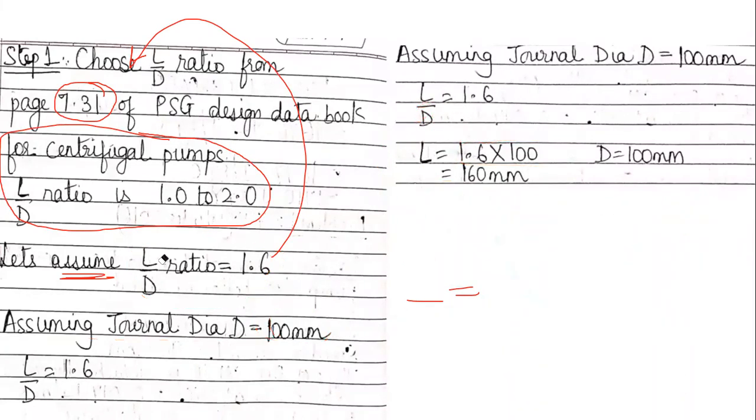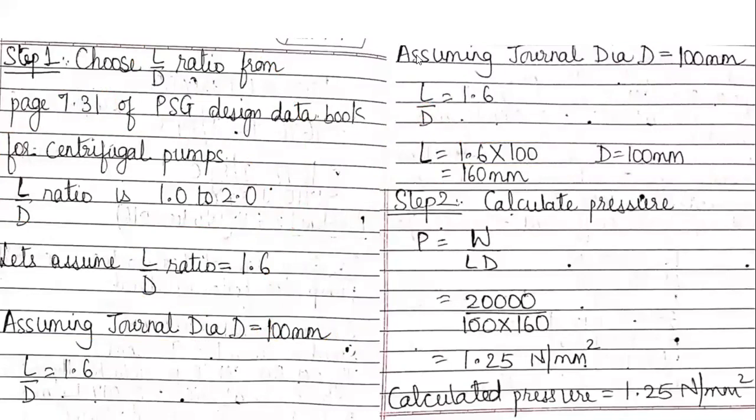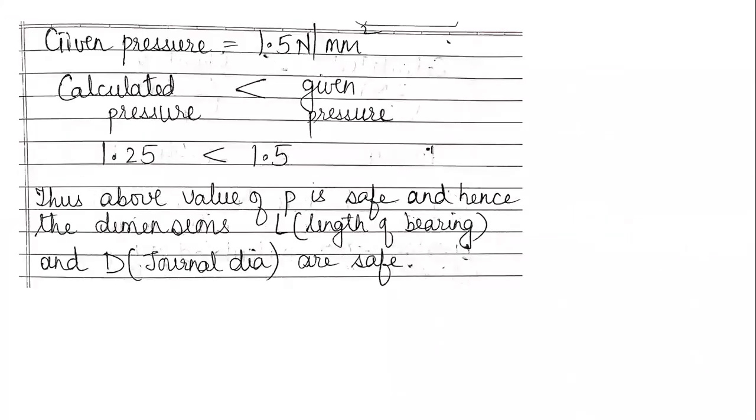Now, moving on to the second step, that is to calculate pressure. Load is given 20,000. L we have calculated right now, 160. D we have calculated right now, 100. So the calculated pressure comes as 1.25 Newton per mm square. You can't stop here. You have to check whether the calculated pressure is less than the given pressure or not.